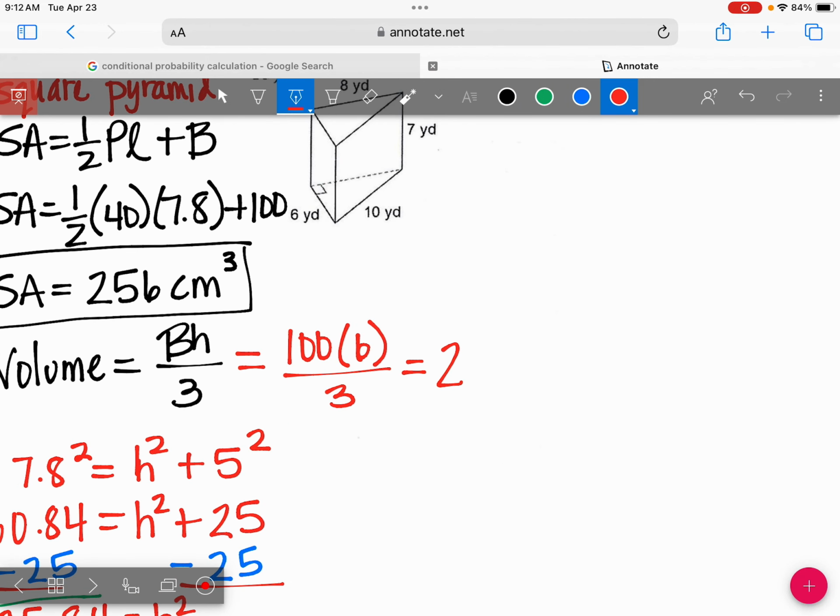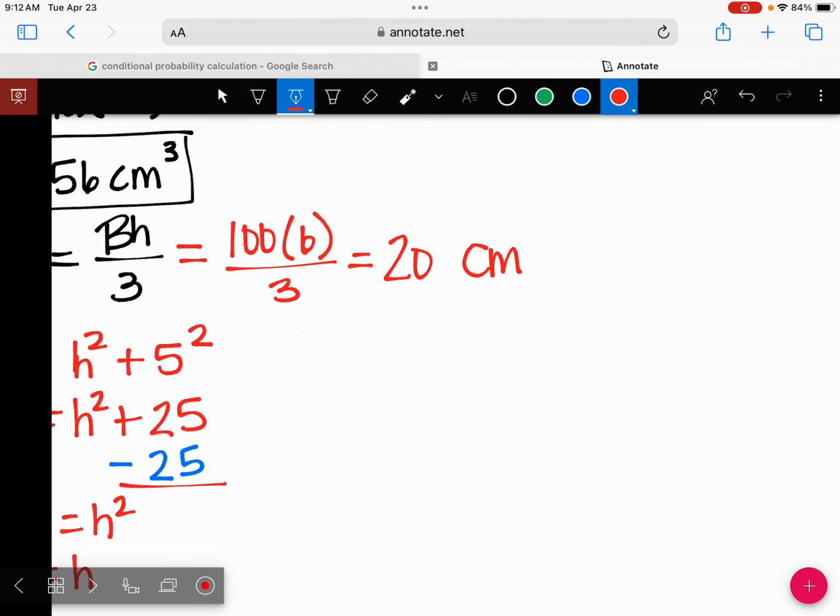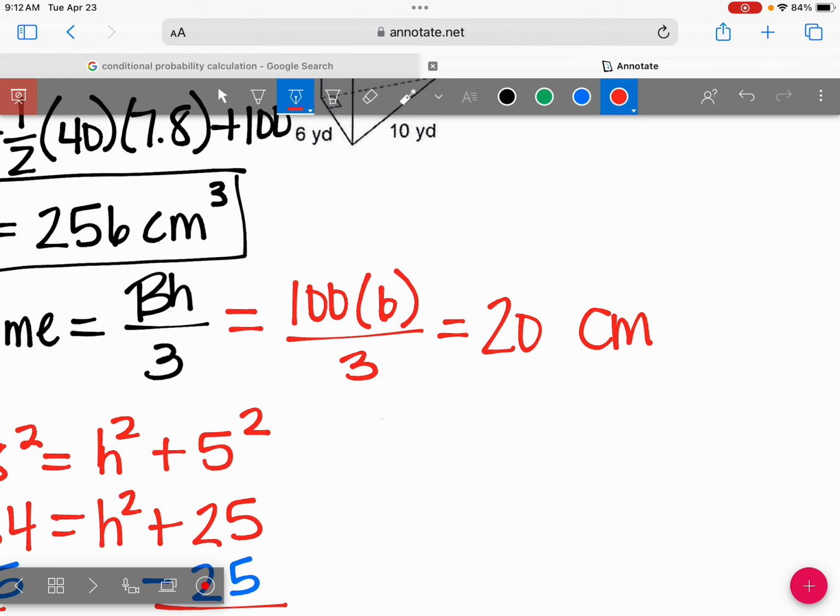Which should give you 200 centimeters. 200. Okay, my little raggedy stylus pen don't want to write. There we go. All right, so that would be your answers.